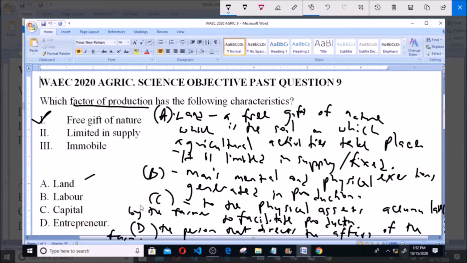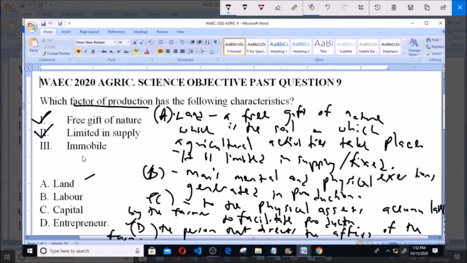Among these 4 factors of production, land is the only one that you can say is limited in supply, because once you have used land, you can't regenerate the land back. But for the other factors of production, labor, you can always hire another labor, you can always generate more capital, and you can always get an entrepreneur to manage the production process. So only land is limited in supply, so it also ticks that box.